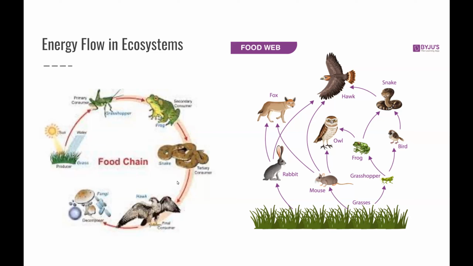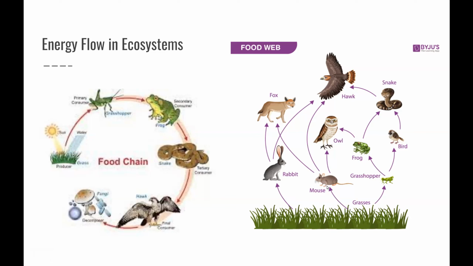But a single food chain does not give you an accurate depiction of what happens in most ecosystems. In most ecosystems, you have various primary consumers that eat the grasses or the plants, and then each of those primary consumers is eaten usually by more than one secondary consumer, and that energy continues to flow.